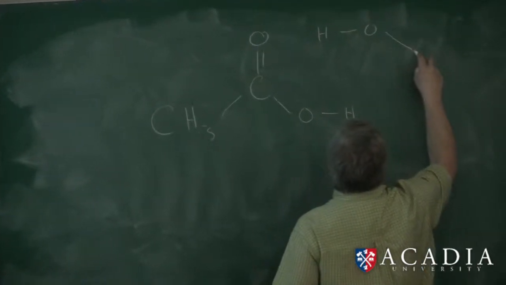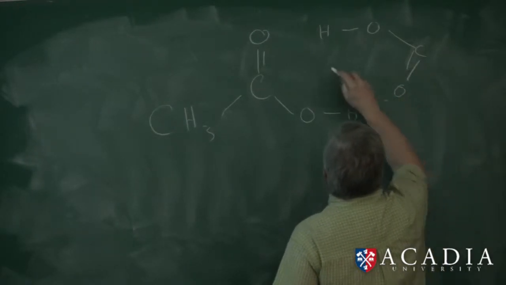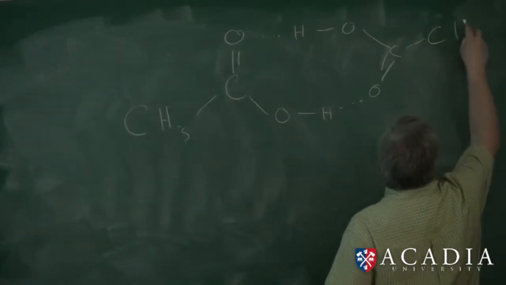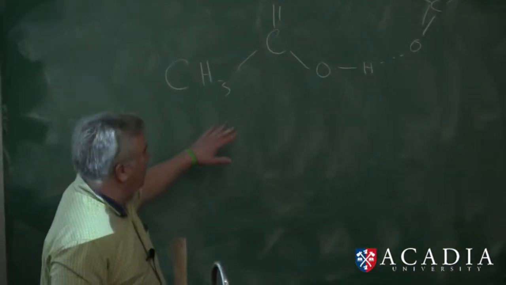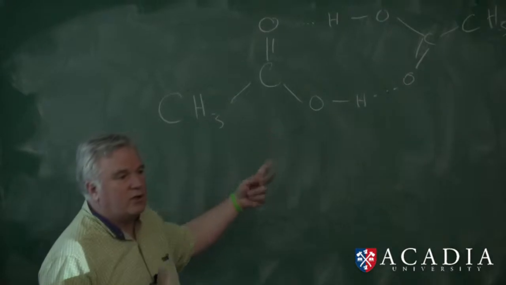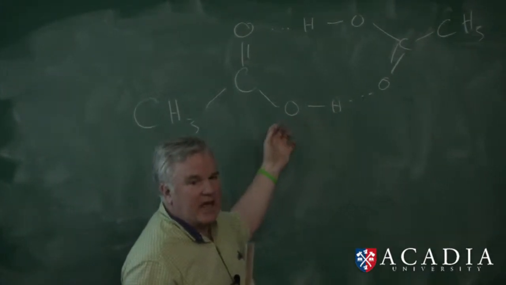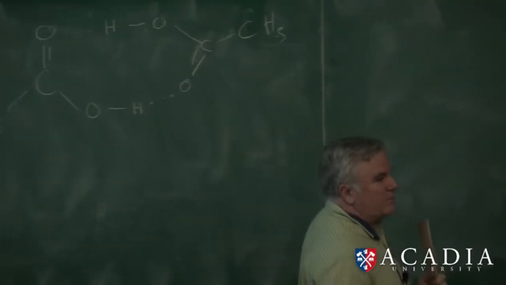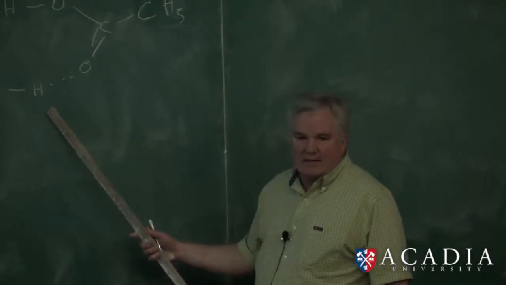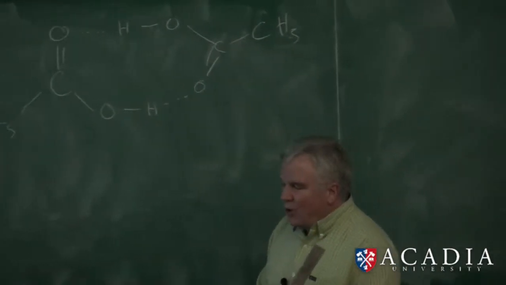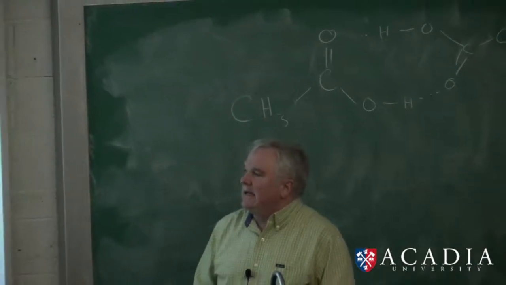And in the gas phase, this species is a stable gas phase species. It's two molecules that happen to be stuck together fairly tightly, and that can exist in the gas phase. So we talk about that as being the carboxylic acid dimer, in this case specifically the acetic acid dimer.